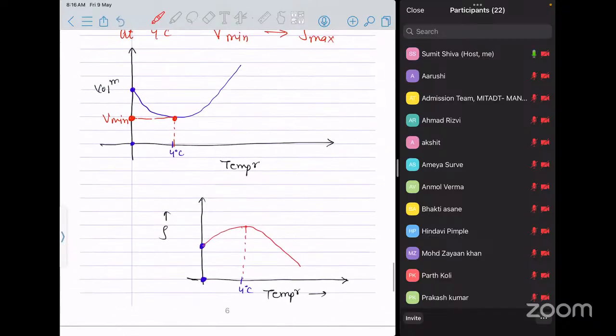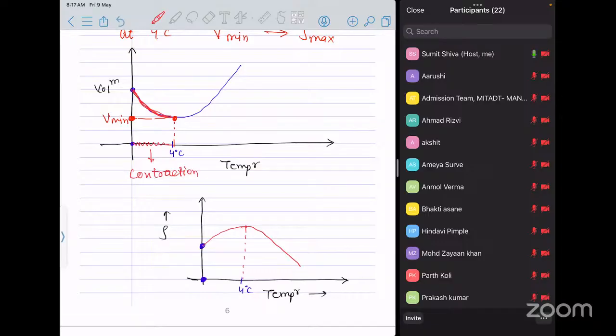Interesting point is, in between 0 to 4, volume is decreasing, which implies that in between 0 to 4, there is contraction in the water. And at 4 degrees Celsius, contraction is maximum possible.